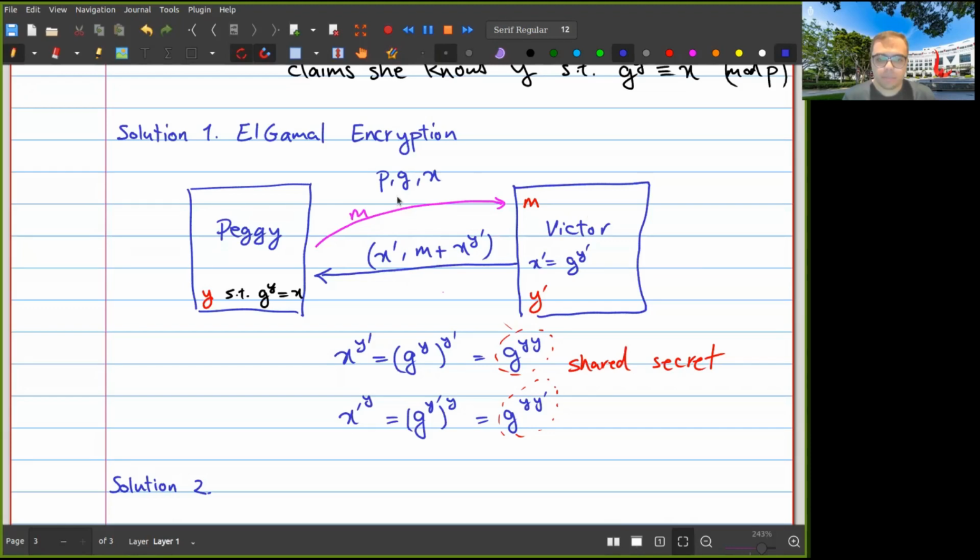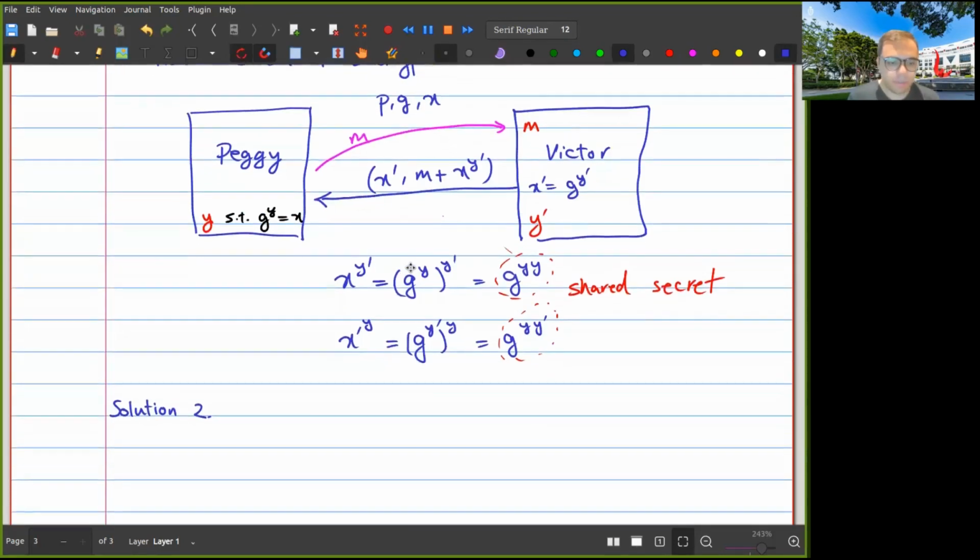Now, if we do something like this, every time that I'm decrypting using my RSA key, I'm basically also giving you a signature. So you might be able to use that signature later on. So that's why I might not like something like this. But with El-Gamal, I don't have that problem at all.